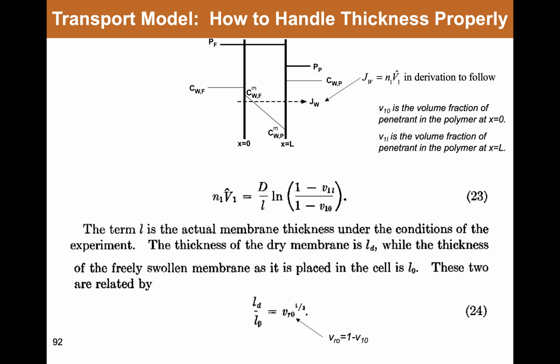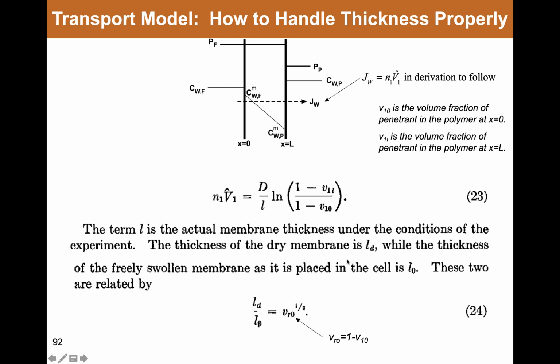Once it's swollen to equilibrium, you can typically use a micrometer or other means to simply measure the thickness. And so if the swelling is isotropic, there's a really simple relationship between this dry thickness and the so-called freely swollen membrane thickness.